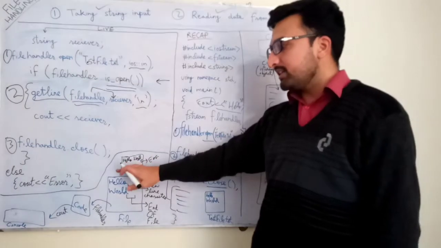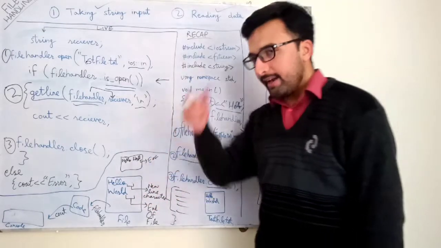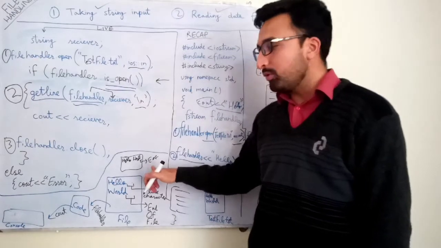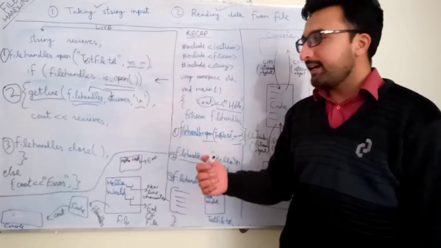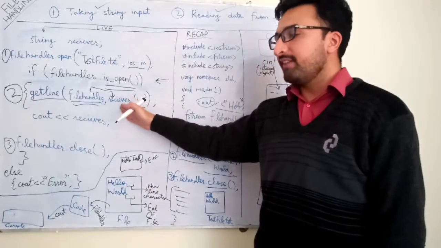Just like in the last example, we had written hello world in the same line, and after that the end of file character was encountered, and that end of file character just stopped the reading of that data into the string variable.